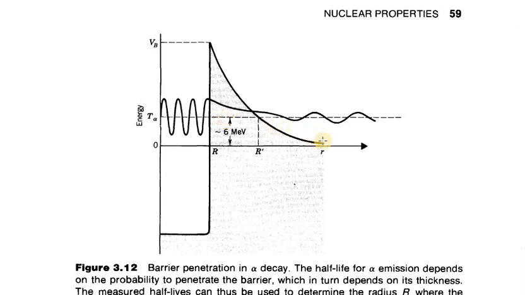If an alpha particle is coming into the nucleus, it has to face a higher potential. Only if the incoming particle has this much energy can it enter into the nucleus.